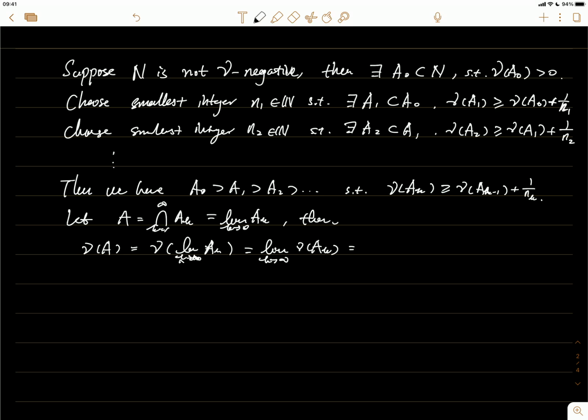You can think of this as the limit of nu of A0 plus the sum of j from 1 to k of nu of Aj minus nu of Aj minus 1.